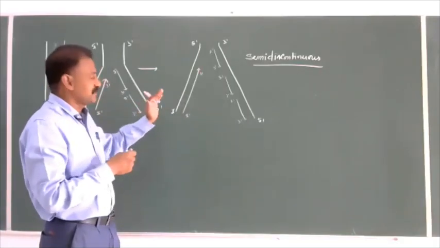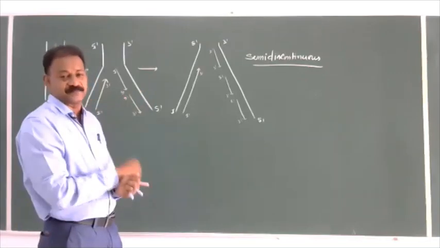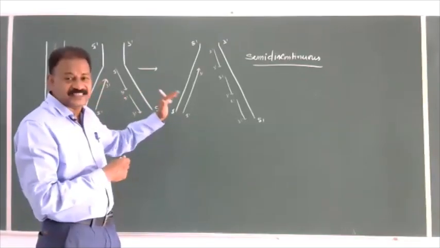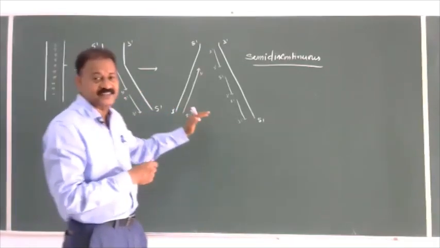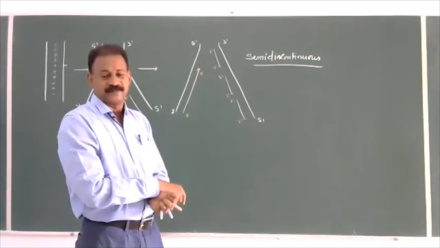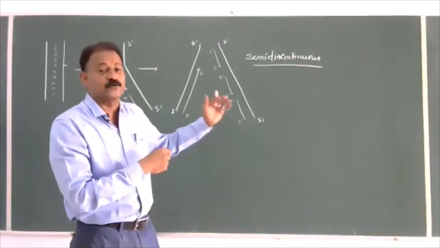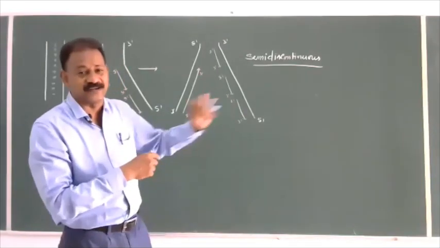So replication is a process of DNA synthesis. It occurs in S phase, synthesis phase, which is a subphase of interphase in the cell cycle. And after the S phase, a cell enters into G2 phase, then it enters into mitotic phase.